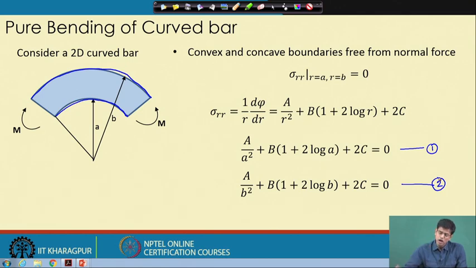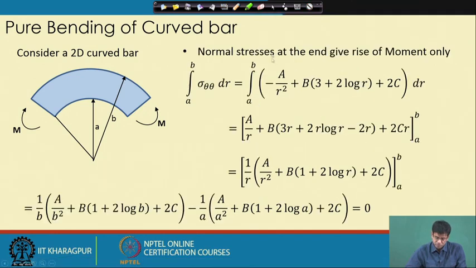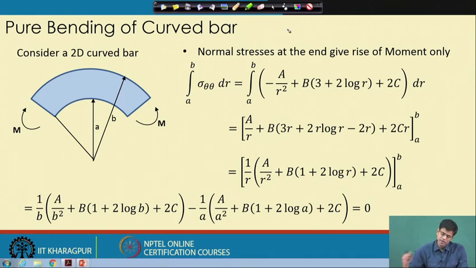Then we have to find a third equation, which comes from the normal stresses at the end giving rise to moment only. First of all we have to show that it does not give any normal force in this axis. There is no normal force, it gives only the moment.